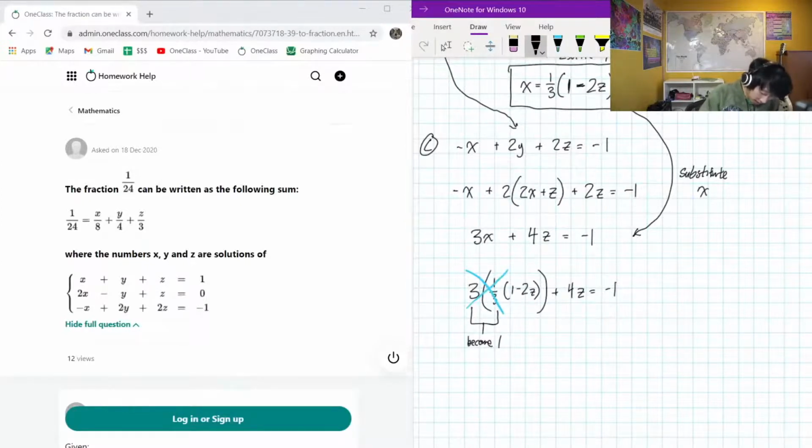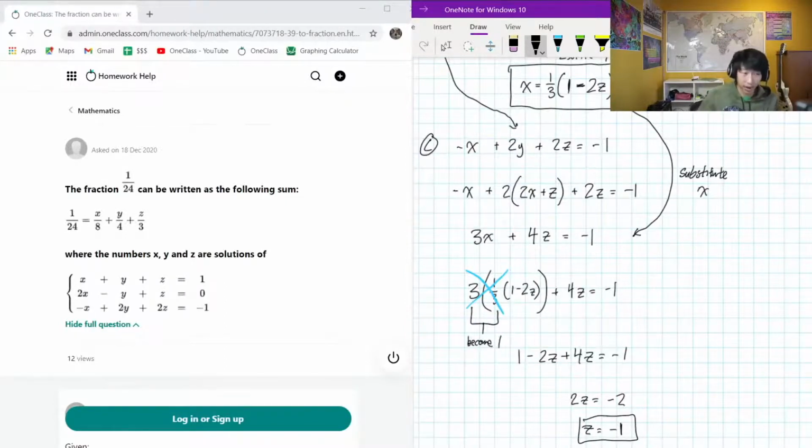So all that we are left with is 1 minus 2z plus 4z is equal to -1. Combining all of our like terms, we have 2z, because that's the 4z minus 2z, and then bringing the 1 to the other side, it becomes negative, so we have -2. So z has to be -1.